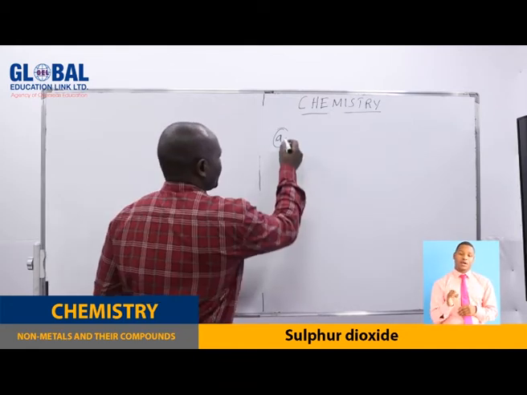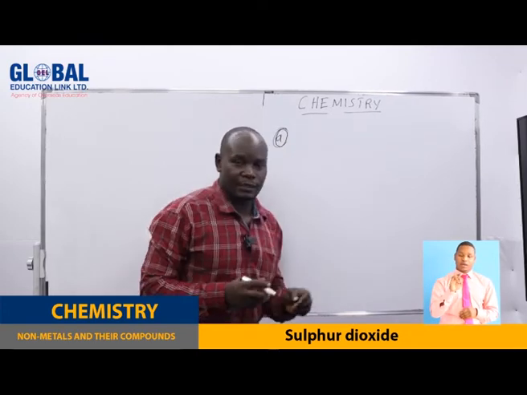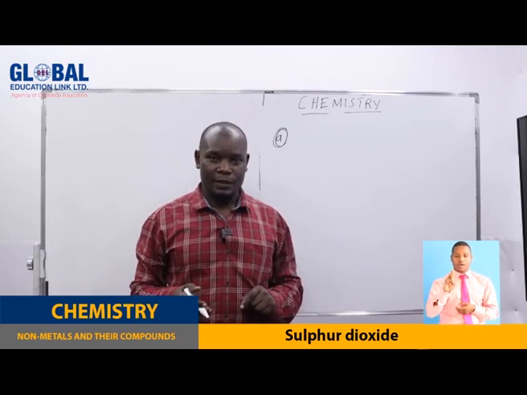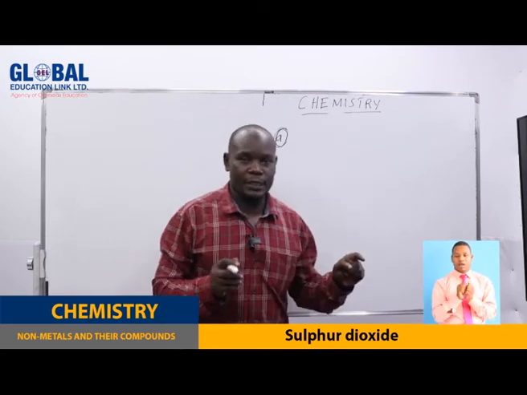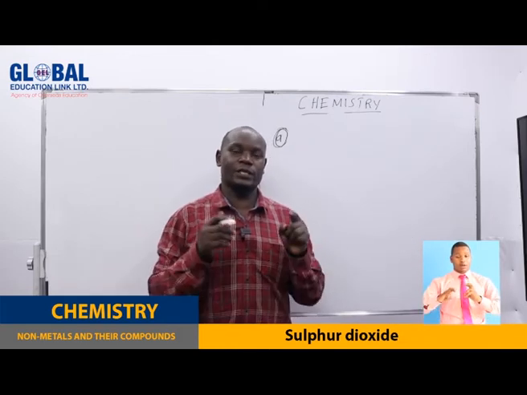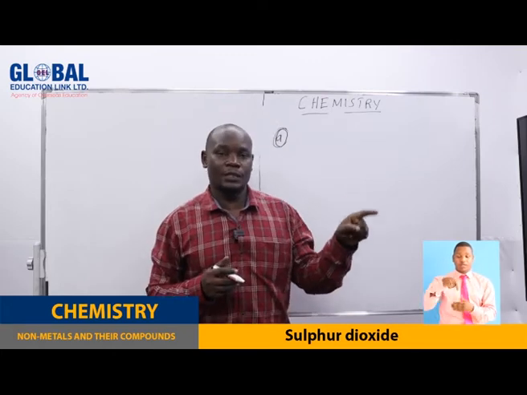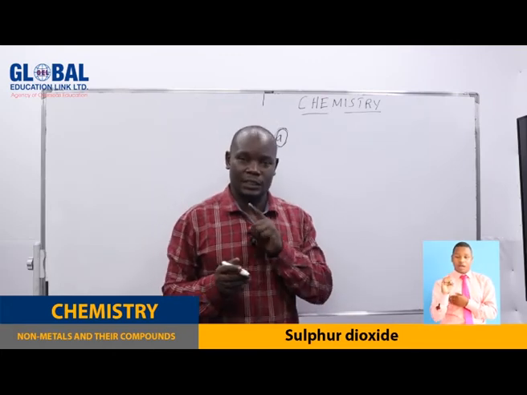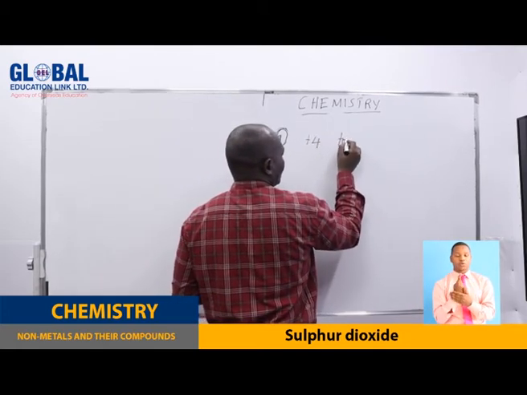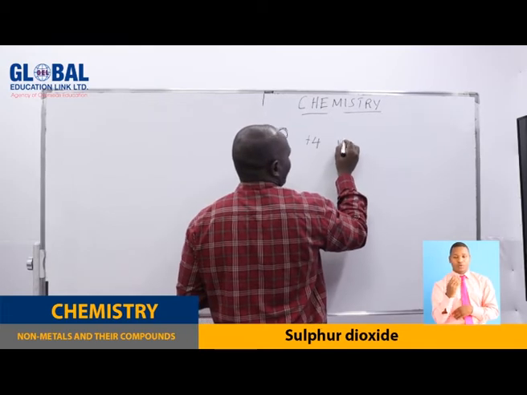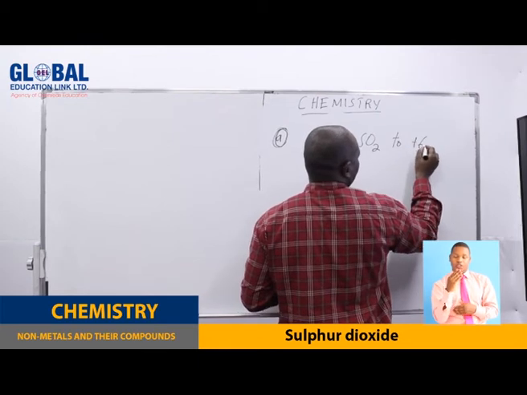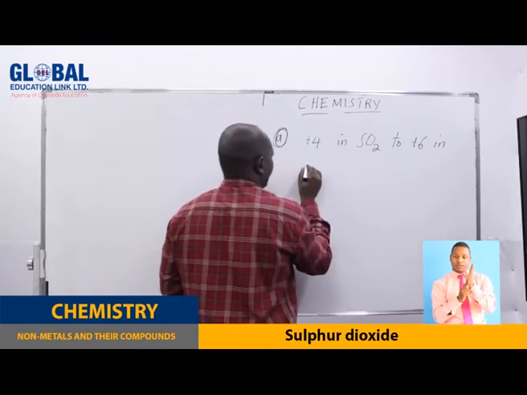So in the first equation, it is a reaction between sulfur dioxide and hydrogen peroxide. If we calculate the oxidation state of sulfur in sulfur dioxide and the oxidation state of sulfur in sulfuric acid, we will see that there is an increase in oxidation state from positive 4 in sulfur dioxide to positive 6 in sulfuric acid.